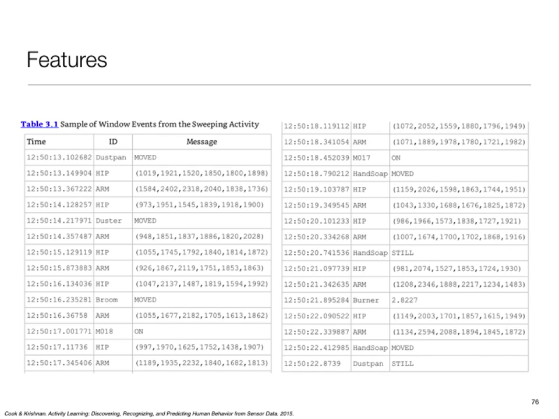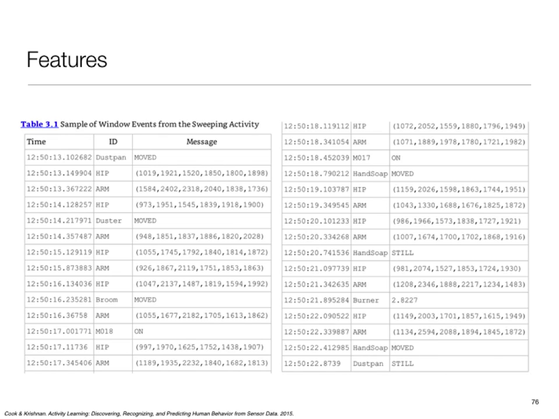What this is showing is a timestamp and the ID of the sensor, like dustpan, hip, arm, so they are probably instrumented with some sort of inertial sensors, and you end up with a tuple describing the values being read. In this particular case, it's an inertial sensor, and you are seeing the numeric values of the A to D converter. On the other hand, for some of the other things, it was simply an event, like it moved or didn't move. So your sensor readings are going to look like that.